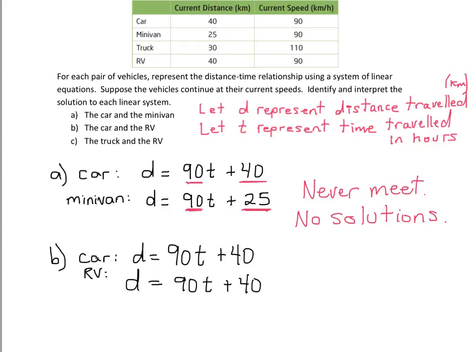Because these two vehicles are traveling at the same speed, and they also started at the same point, they will basically be driving side by side the whole time, always at the same point. Therefore, this system of equations would have an infinite number of solutions, because they meet at every point.